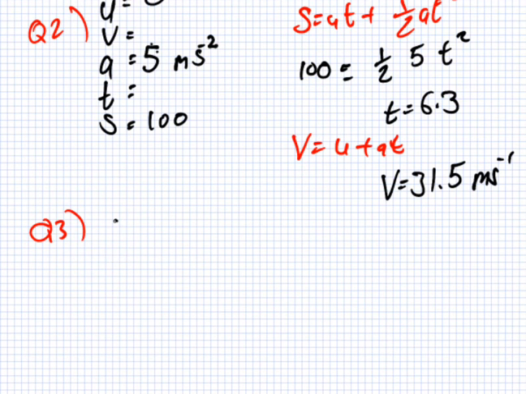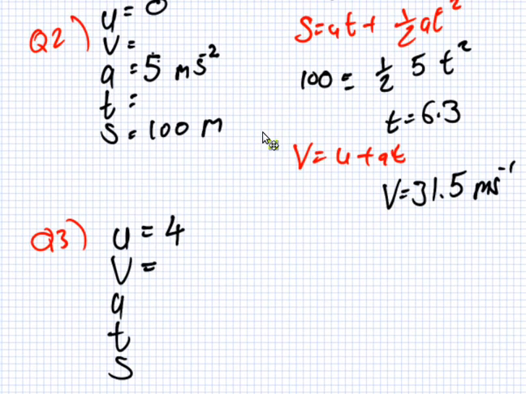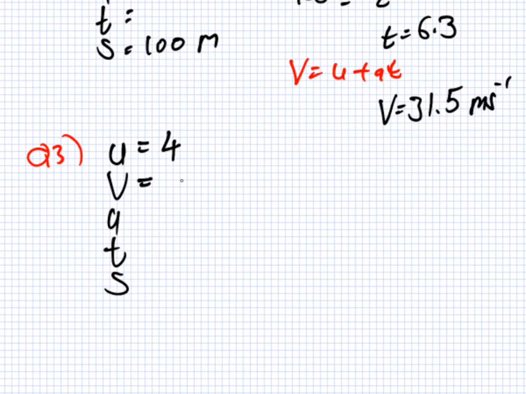Right, number 2. Is it kilometers an hour or meters per second? Meters per second squared. So we'll write it down here: UVATS. Read the story to me. A cyclist starts cycling from rest with an acceleration of 5 meters per second squared.